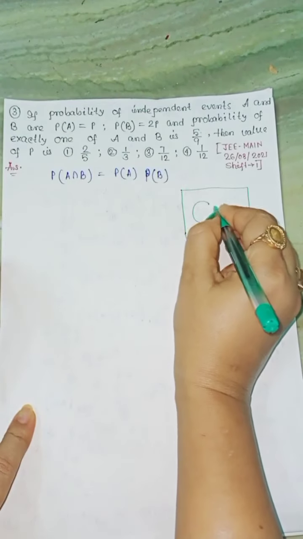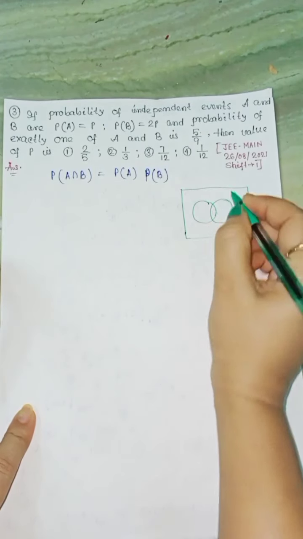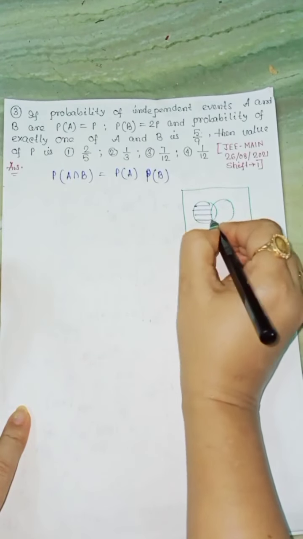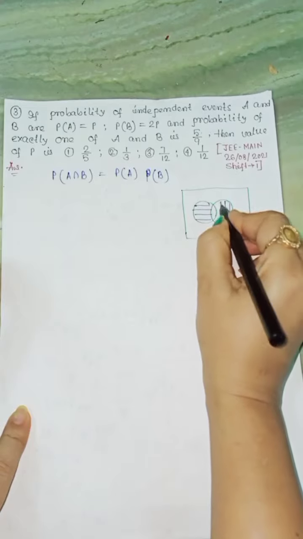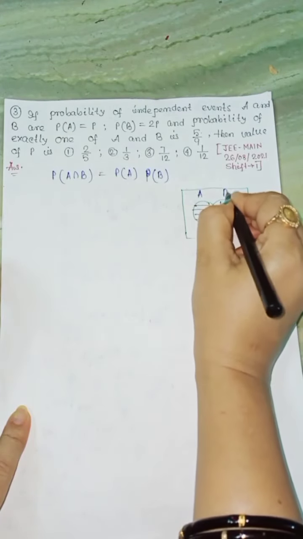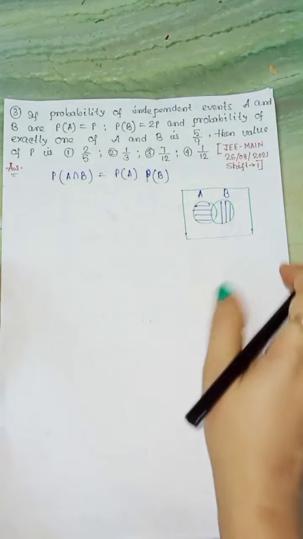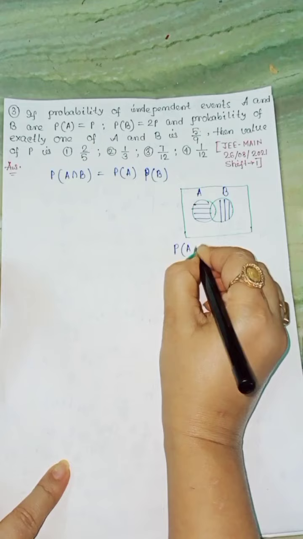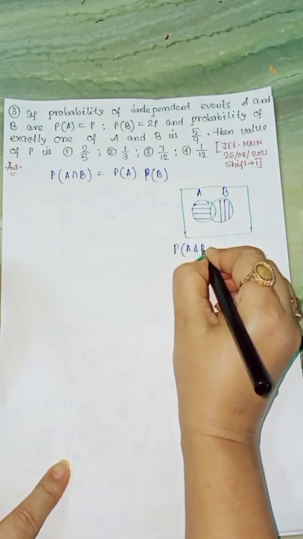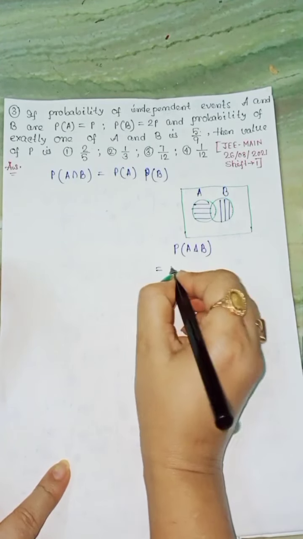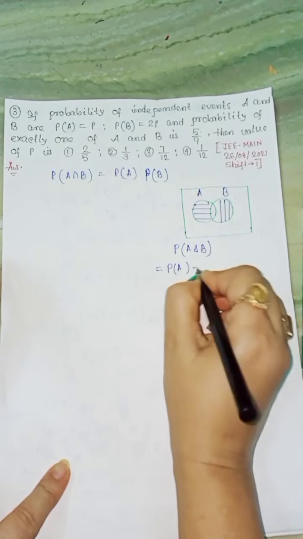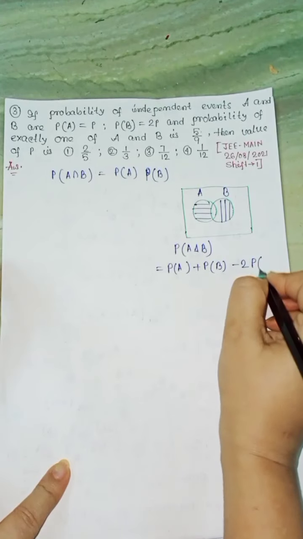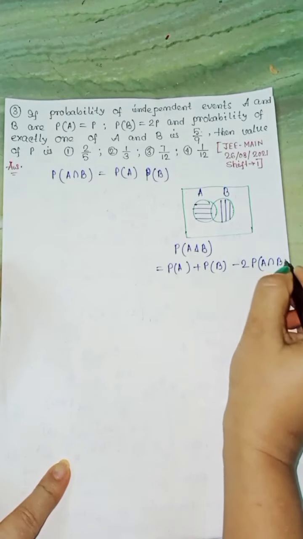This is event A and this is event B. So from this picture, applying the Venn diagram, we may write P(exactly one) that is P(A) plus P(B) minus 2 P(A intersection B).